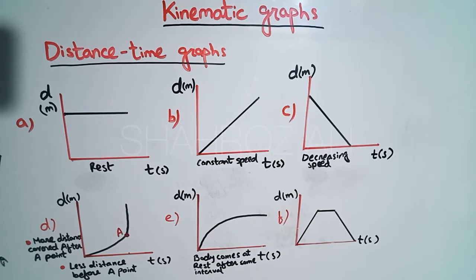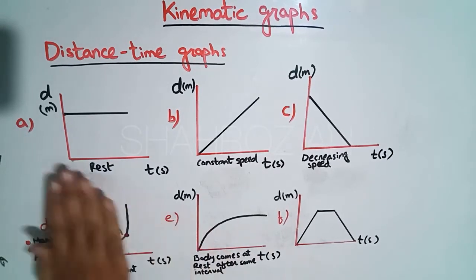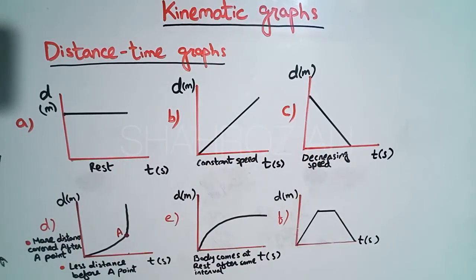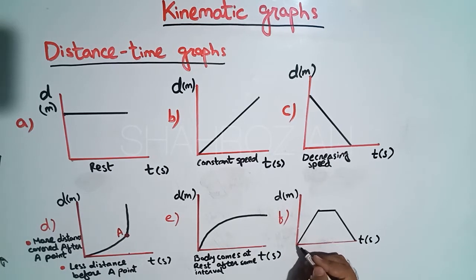And in the last graph, as you can see, by the help of the first 3 graphs, there are 3 lines in this graph. So you can divide these 3 lines into 3 different pieces of information.